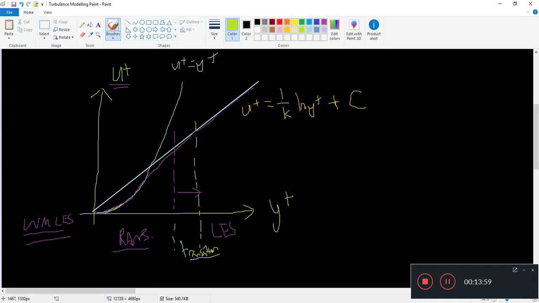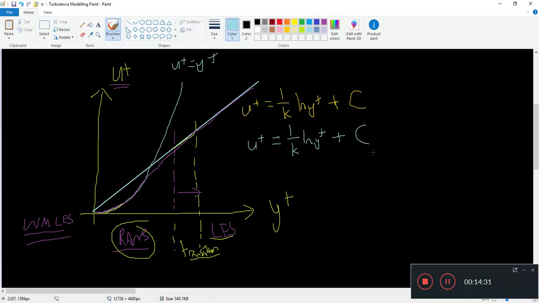In the log law region, you have your initial part being simulated by the RANS equation, then you slowly transition into LES. LES can simulate the log law region, but one of the problems was that you still have u plus equals 1 over k ln y plus another constant.